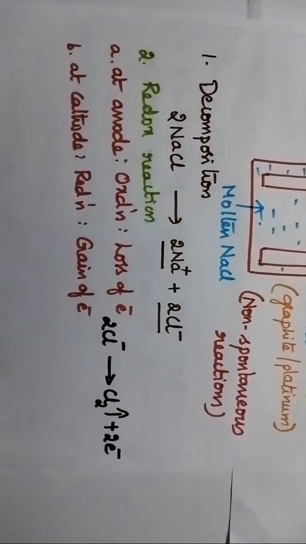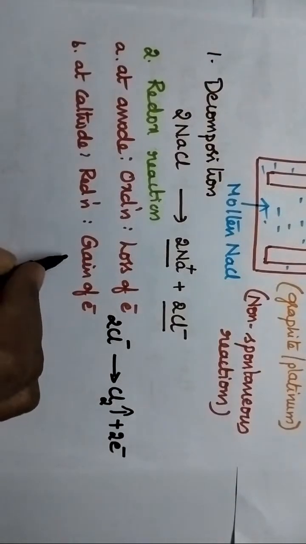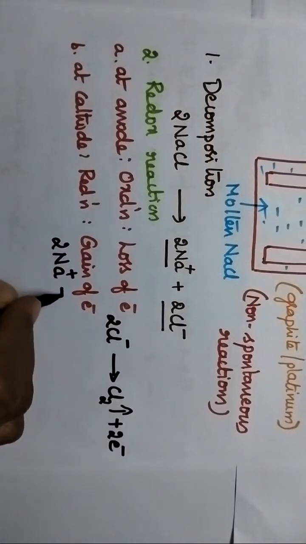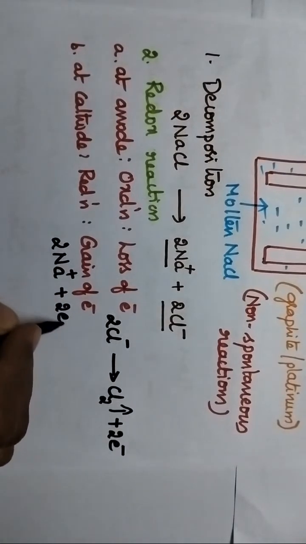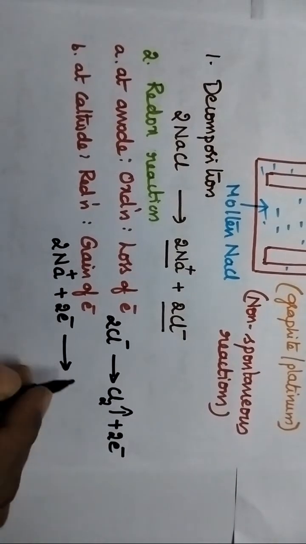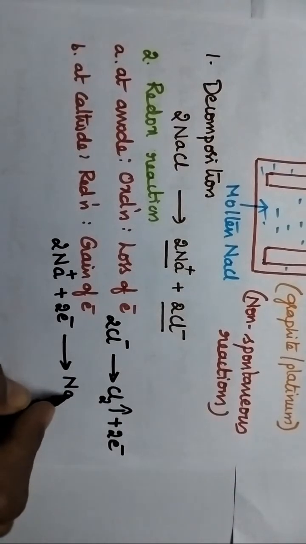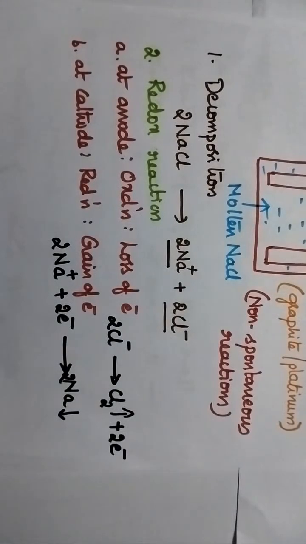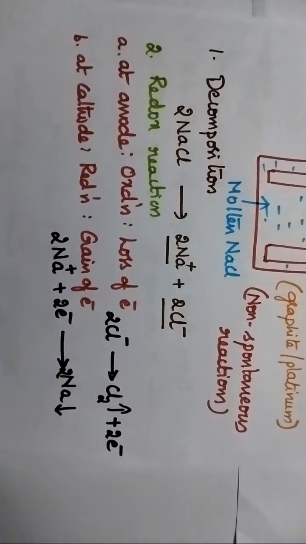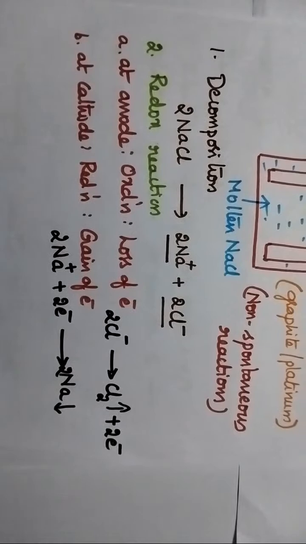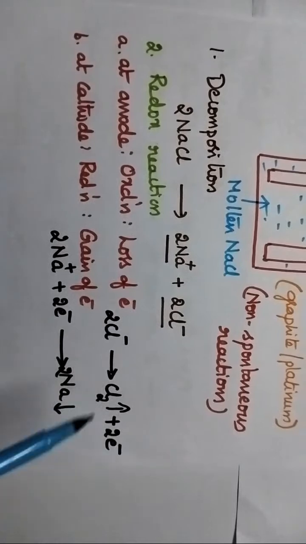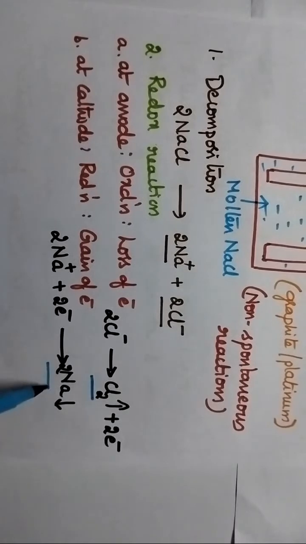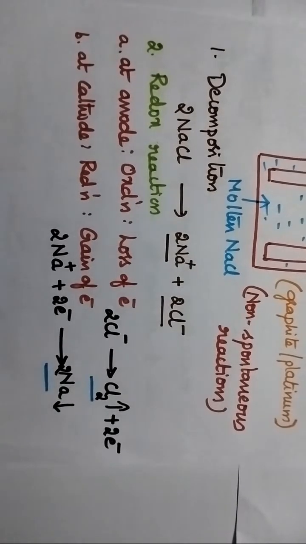Coming to the reaction at the cathode, the cations will move towards the cathode, and reduction takes place by the gain of electrons, and it results in the deposition of sodium metal. So always chlorine gas will be liberated at the anode and sodium will be deposited at the cathode.